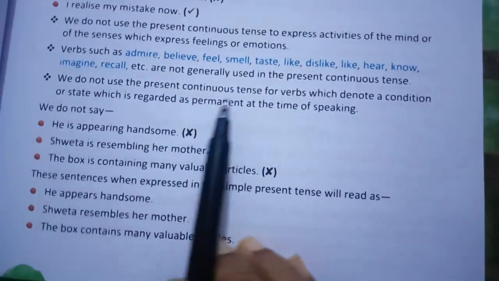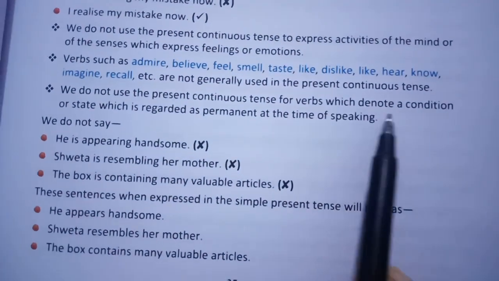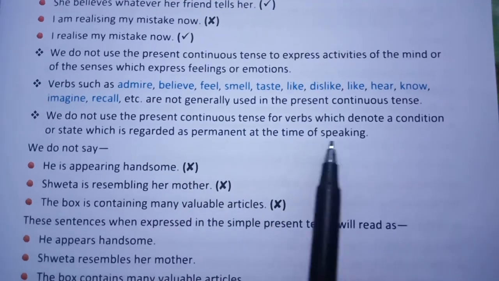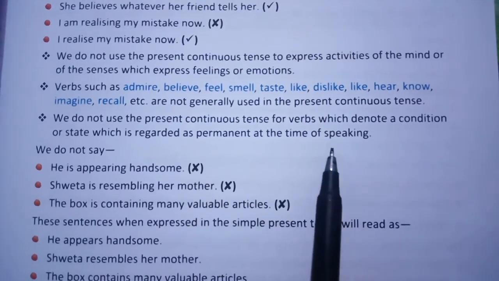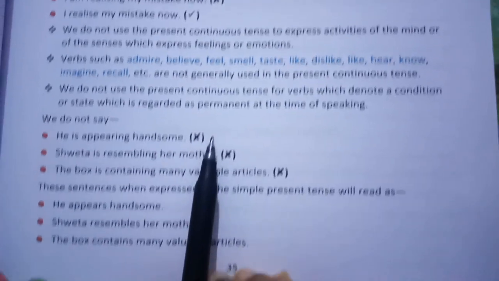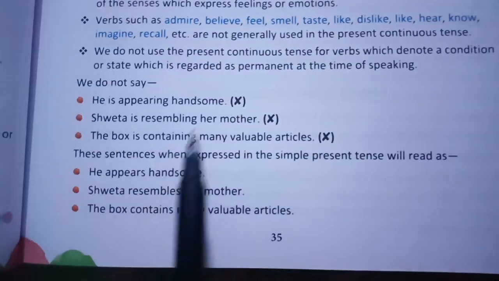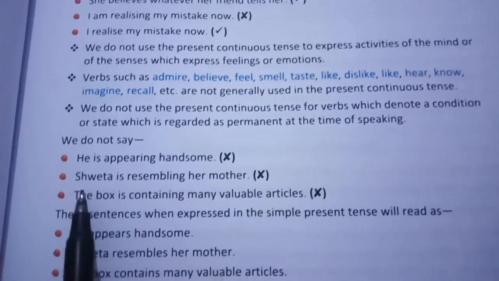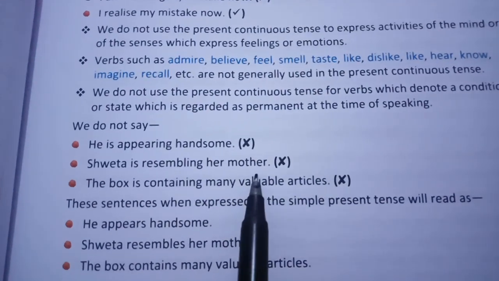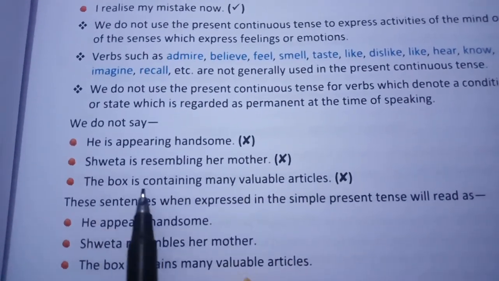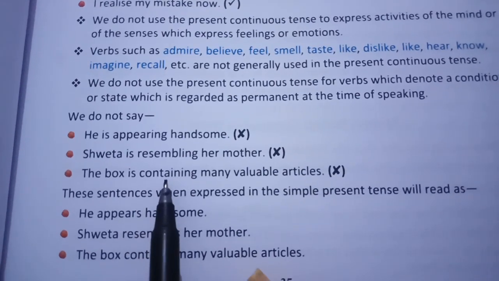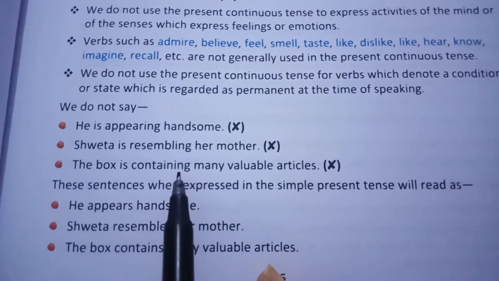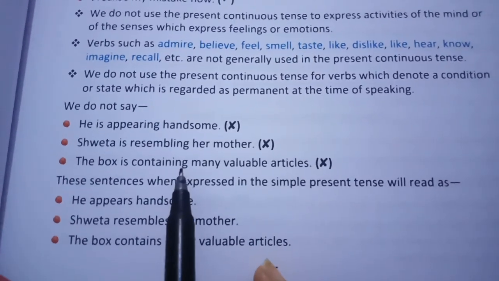We do not use the present continuous tense for verbs which denote a state which is regarded as permanent at the time of speaking. Those situations which are regarded as permanent at the time of speaking, like Shweta is resembling her mother. Not resembling, she looks like her mother. It is a permanent situation, so here we will not use present continuous tense because it can't change.